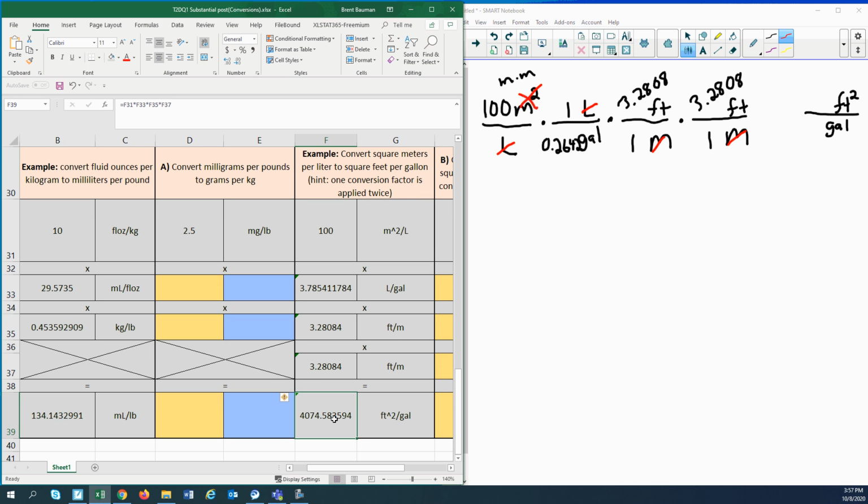And we have our solution that we're looking for: approximately 4,074 feet squared per gallon. Okay, so that's converting when the units are squared. Again, you end up just having to do a conversion twice to get rid of both of the m's or both of the feet, whatever are squared in your original.